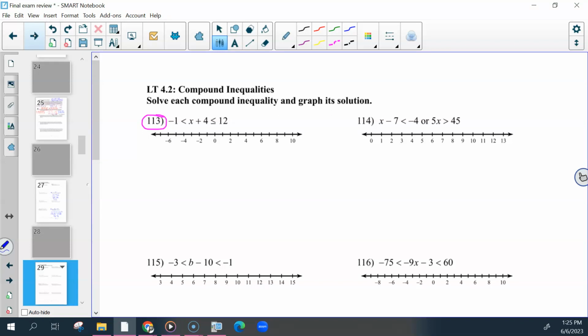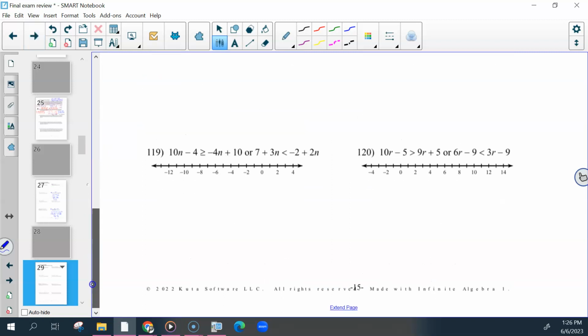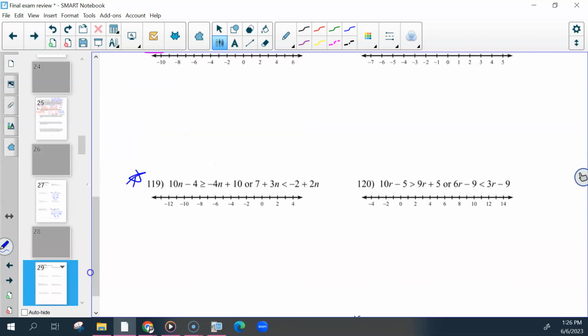So this should be somewhat familiar because we were just doing compound inequalities with Unit 9, and then again in our Unit 10 when we were doing absolute value inequalities. Which of these do we want to see, go over, or have questions about? 119. That makes more sense. Another, 114 left. 120.